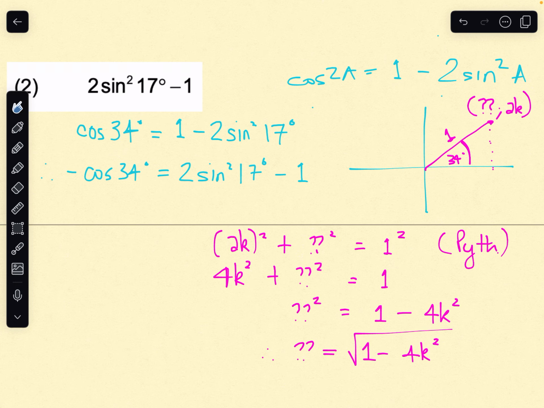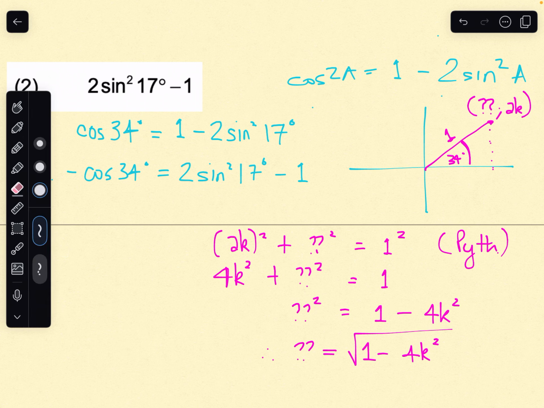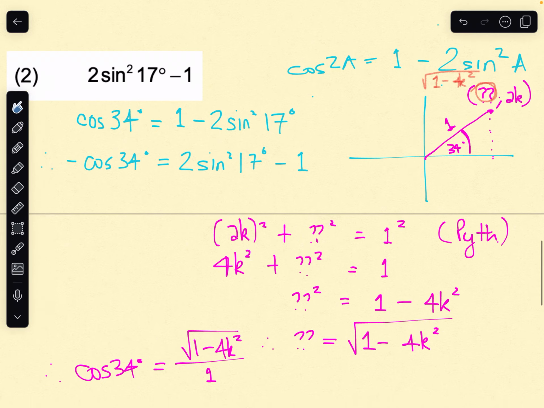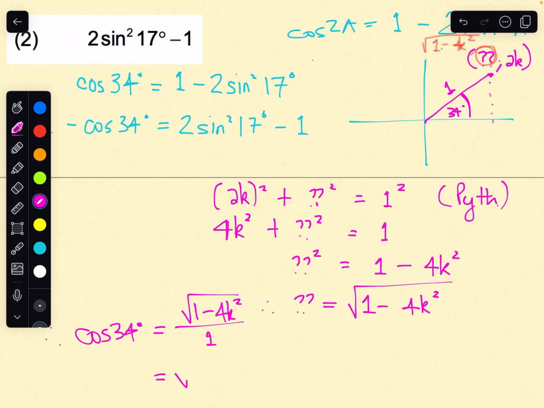Okay, and so then we can say, right, we now know that this guy is in fact the square root of 1 minus 4k squared. Right, so therefore cos of 34 in terms of k will be the square root of 1 minus 4k squared over 1, which is just the same as the square root of 1 minus 4k squared.